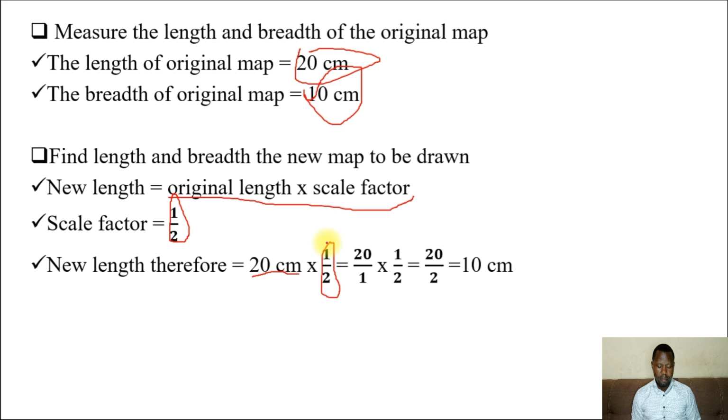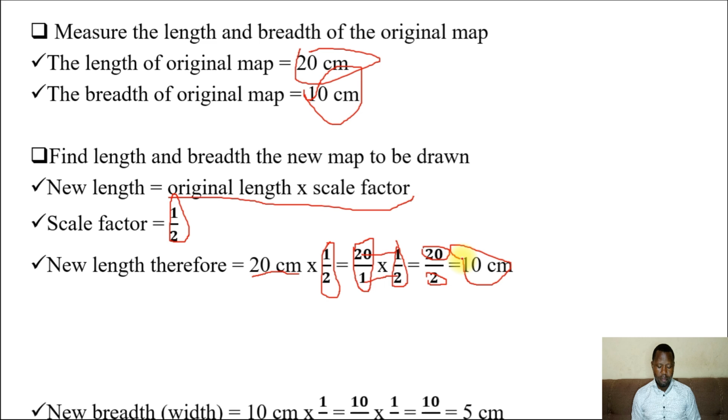So mathematically, every whole number is over 1, and that is why here we have 20/1 times the scale factor, which is 1/2. So this gives us 20 times 1 gives us 20, then 1 times 2 gives us 2. And dividing 20 by 2, it gives us 10 centimeters, which is our new length.